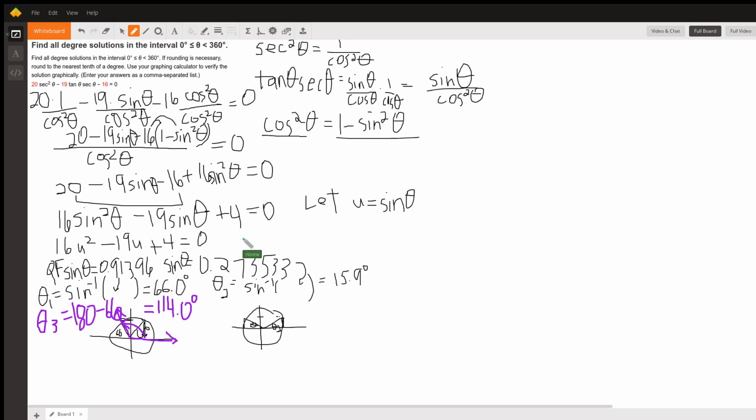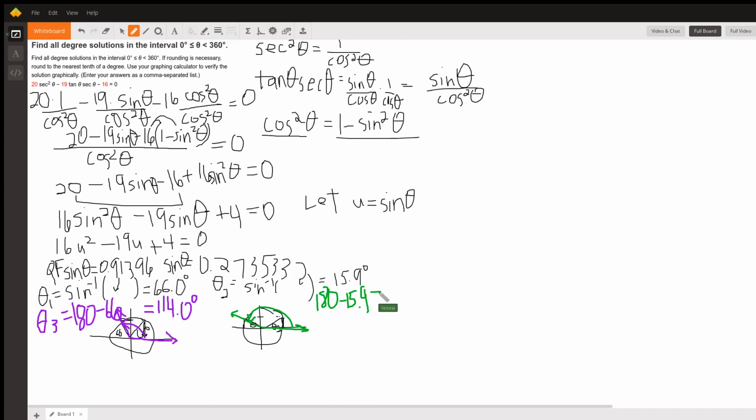But the other angle that I need starts on the x-axis and comes over to here to create this angle. And so that angle is 180 minus 15.9.